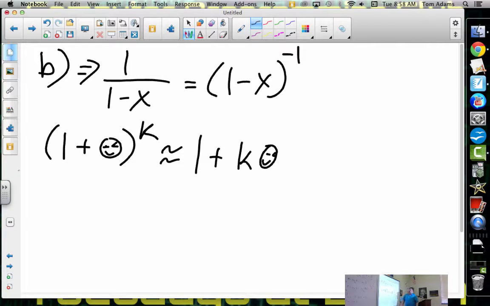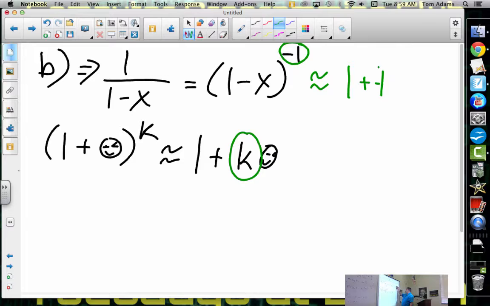Okay? So the approximation of this is 1. Now k is negative 1, so I'm going to say minus 1 times whatever my smiley face is, which is negative x. So let me write this out.